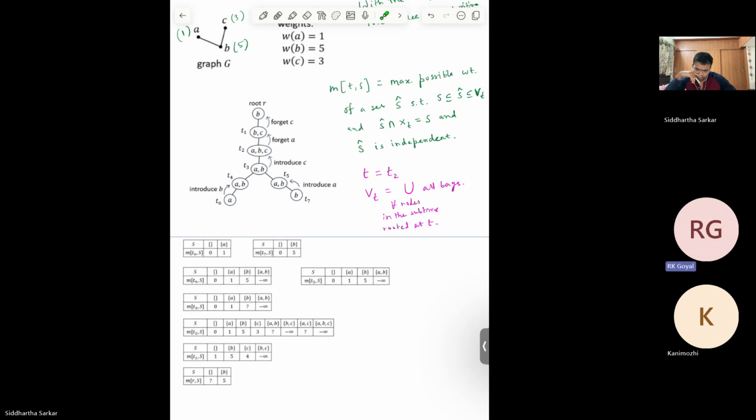Because if XT is the content of the bag of t2, and if the intersection of S cap and XT is equal to S, so probably the definition of XT needs some change. But if XT is the bag of t2 only.